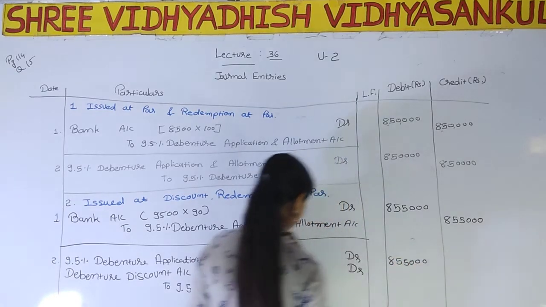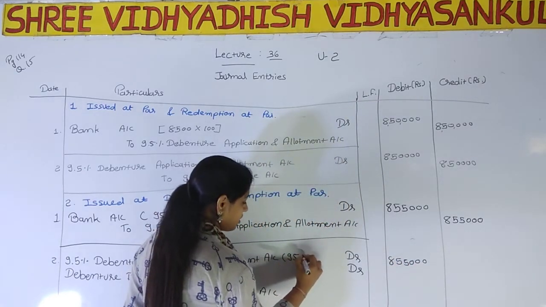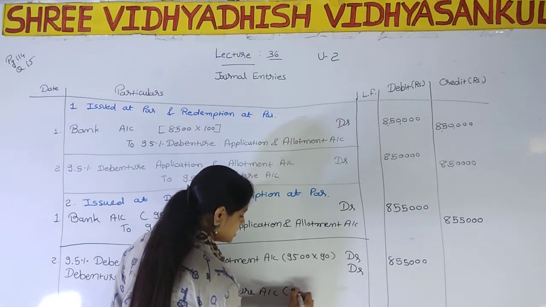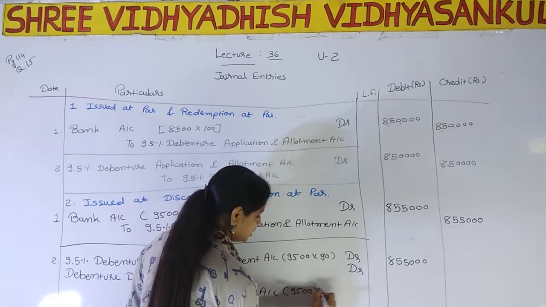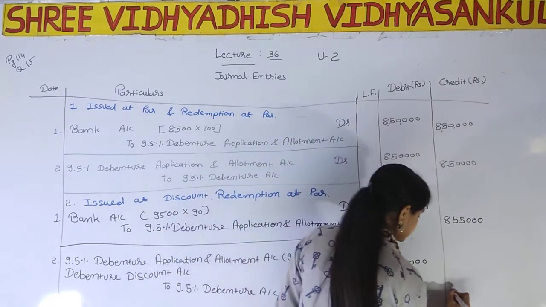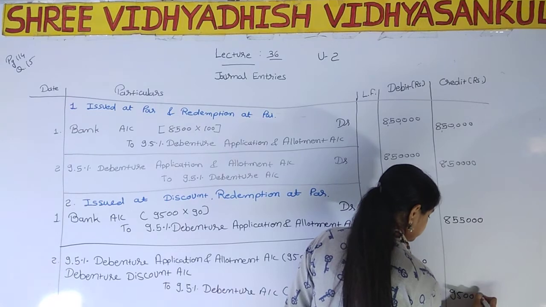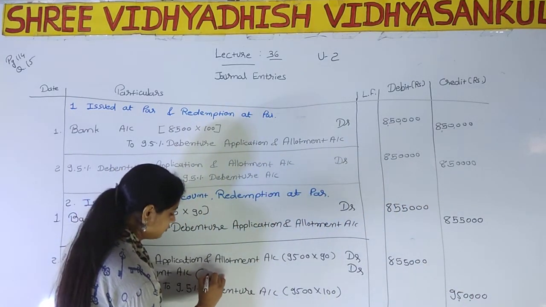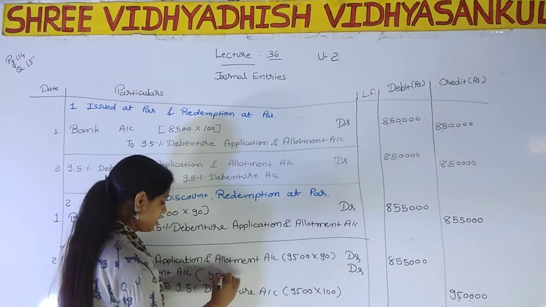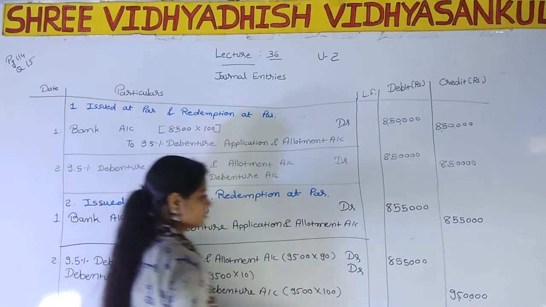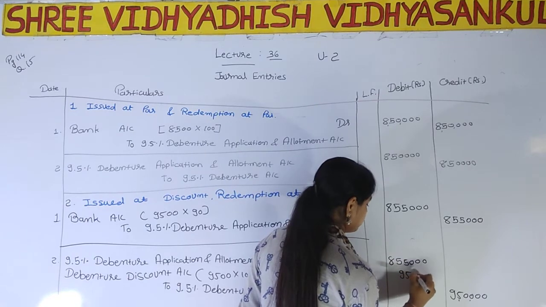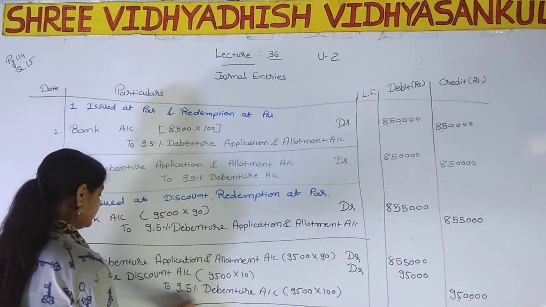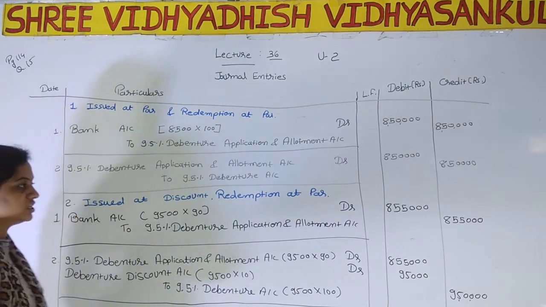How does 8,55,000 come? 9,500 into 90 rupees. But the original price is 9,500 into 100. That means 9,50,000. Right? And we have given the discount of 10 rupees. That means 9,500 into 10 rupees. So here we have to debit 95,000 rupees. So with this we have completed the second condition. Now only the third condition is left.